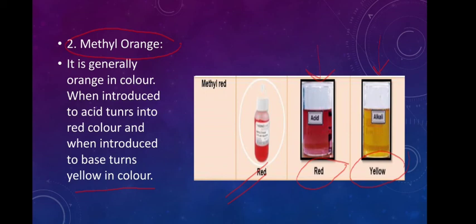Activity 5.4, you have to take some acids given there: hydrochloric acid, sulfuric acid, nitric acid and acetic acid, and then find out the effect on litmus paper, then the effect on turmeric paper, then the effect on China rose solution. Have you all understood this?